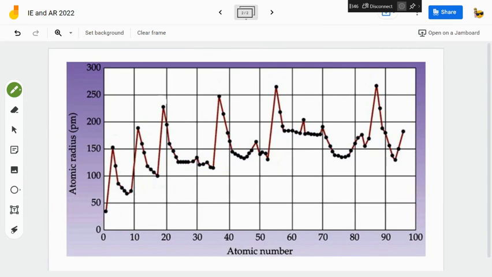Okay, let's go to the second graph, which is atomic number on the x-axis again, and this time atomic radius. Notice that unit there. Does anybody know what PM stands for? Yes, picometers is PM. So when I was your age, we didn't have to deal with all these super small units.